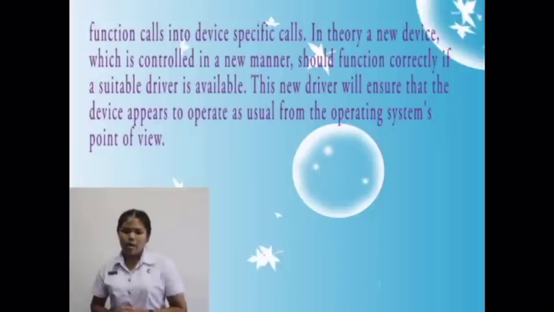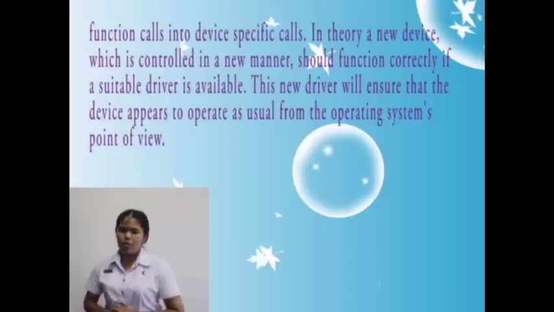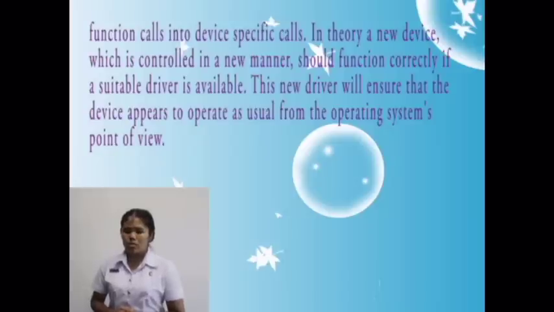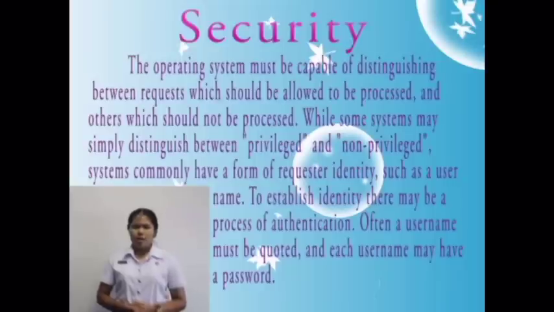In theory, a new device that is controlled in a new manner should function correctly if a suitable driver is available. This new driver ensures that the device appears to operate as usual from the operating system's point of view.